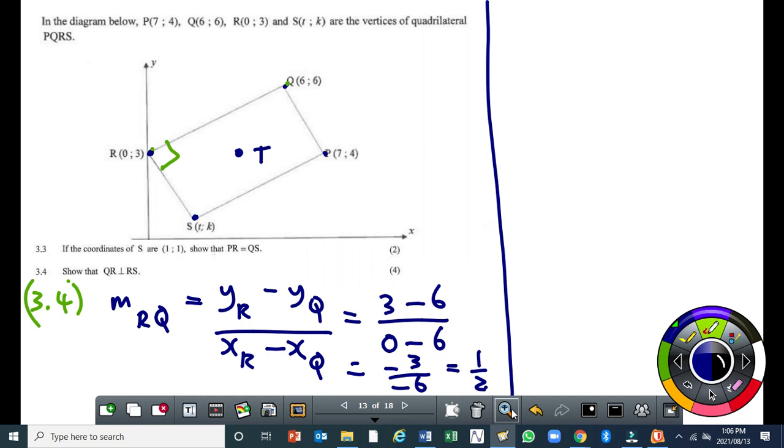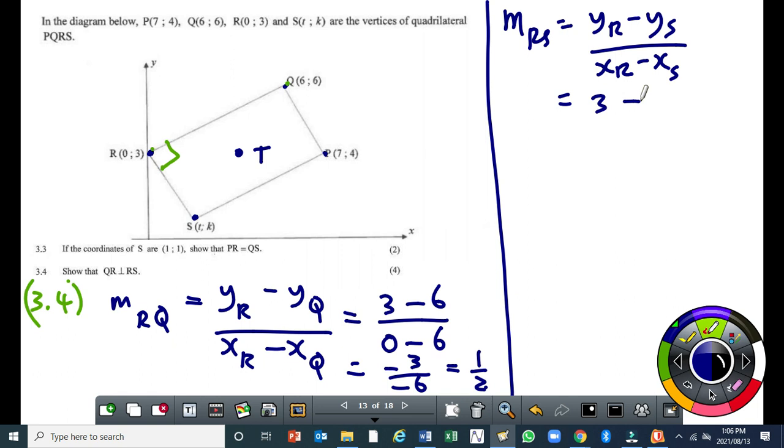Then I now need to calculate the gradient of RS, which will be YR minus YS over XR minus XS. And that's equal to my YR is 3, my YS is 1, and my XR is 0, my XS is 1.